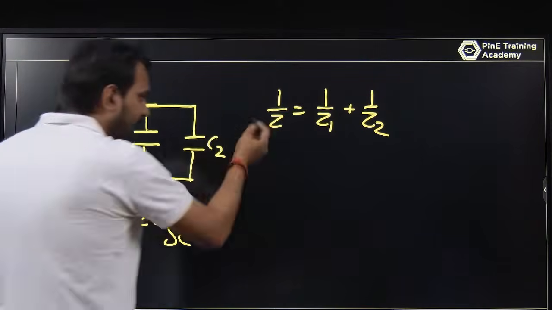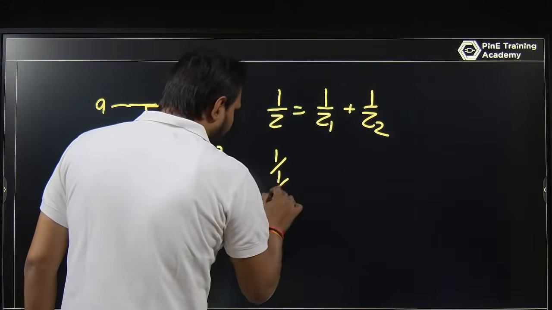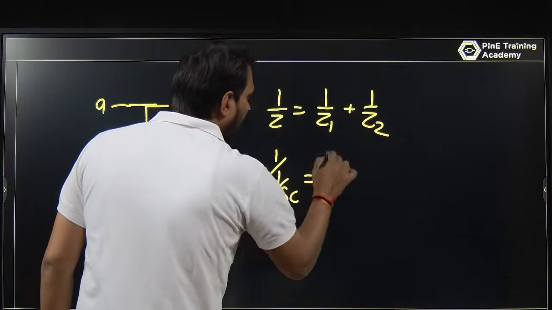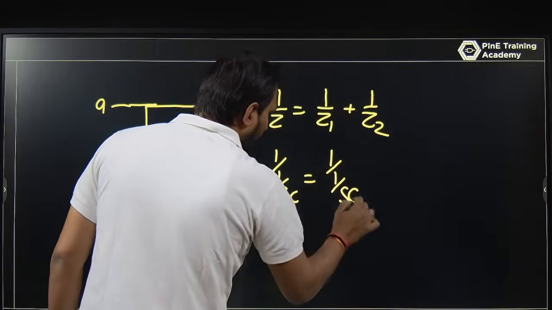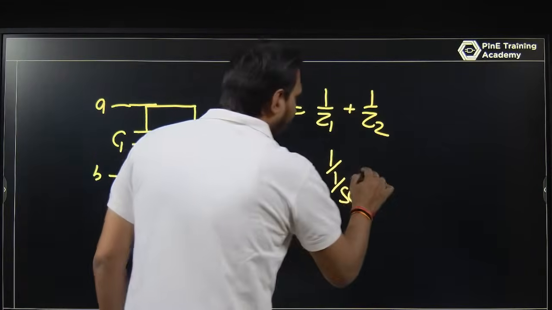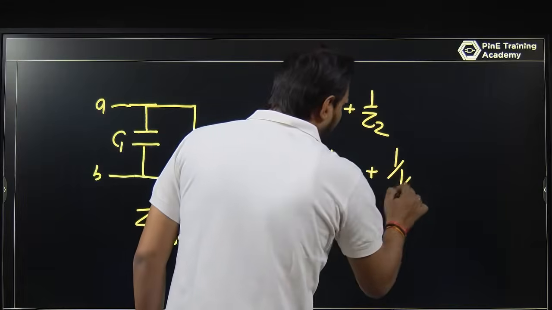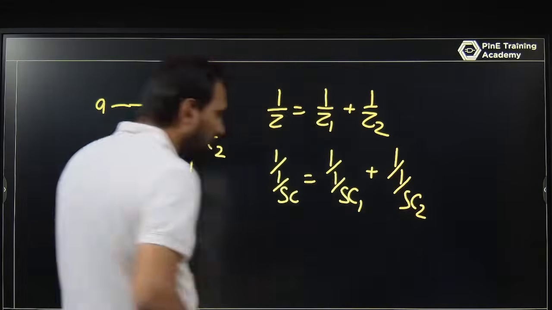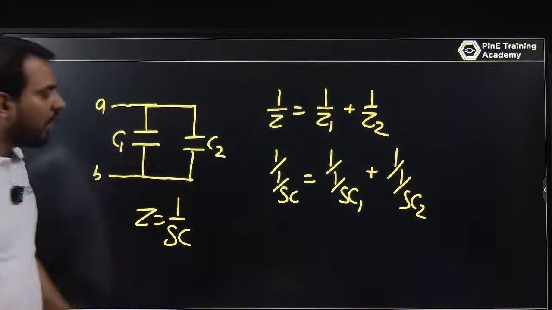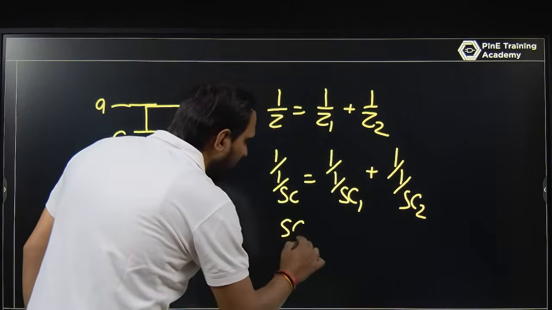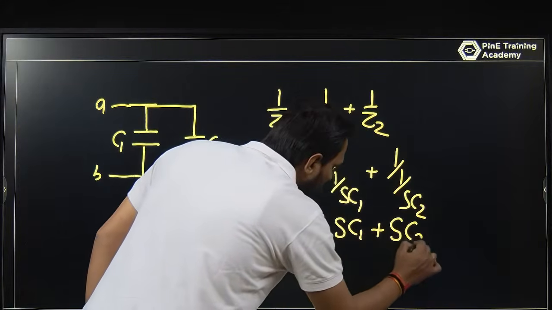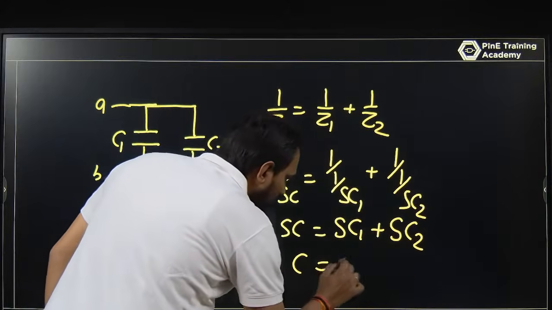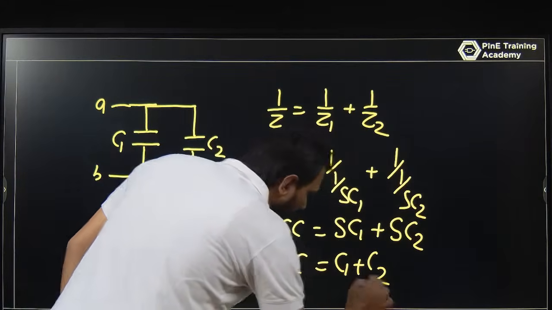So 1 upon SC is equal to 1 upon SC1 plus 1 upon SC2, which is just SC is equal to SC1 plus SC2, or C is equal to C1 plus C2.